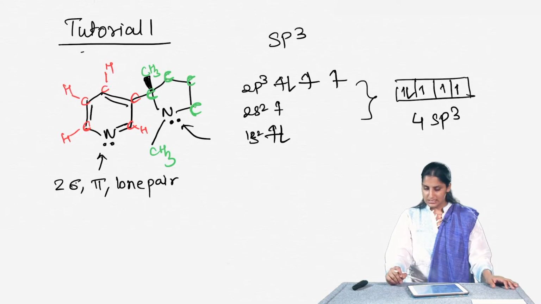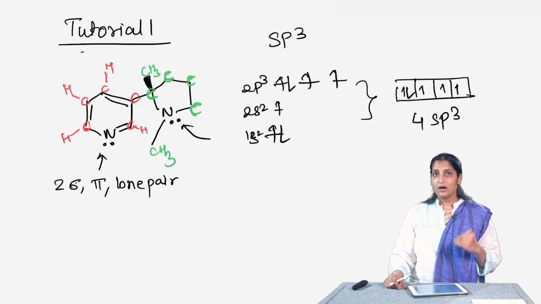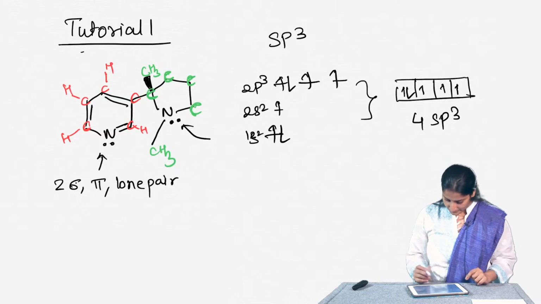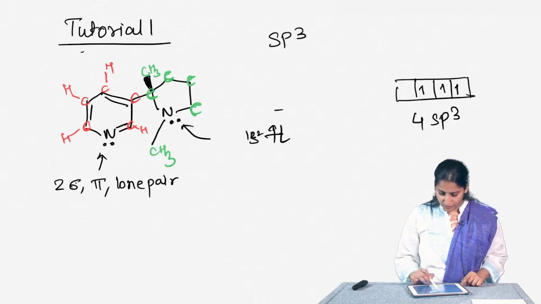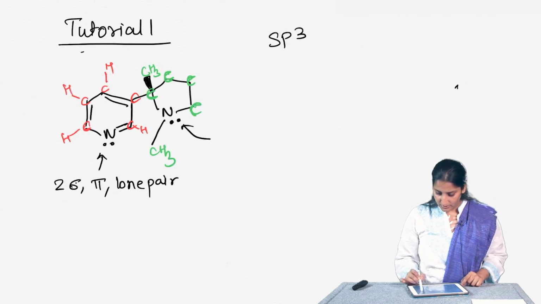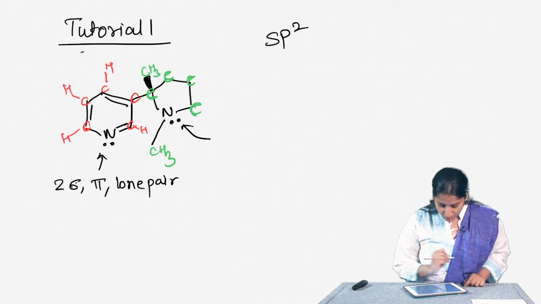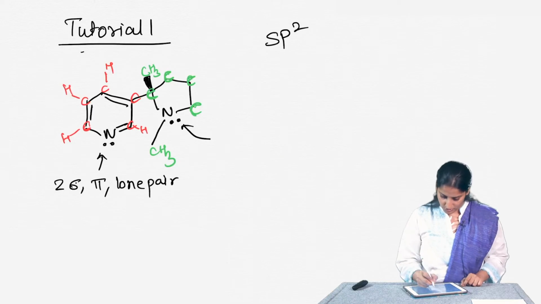That is really easy. Now, let us go to the tough part. Let us talk about the double bonded nitrogen and figure out where that lone pair resides. For that, I am going to get rid of this part and we are going to talk about the sp2 hybridized nitrogen.